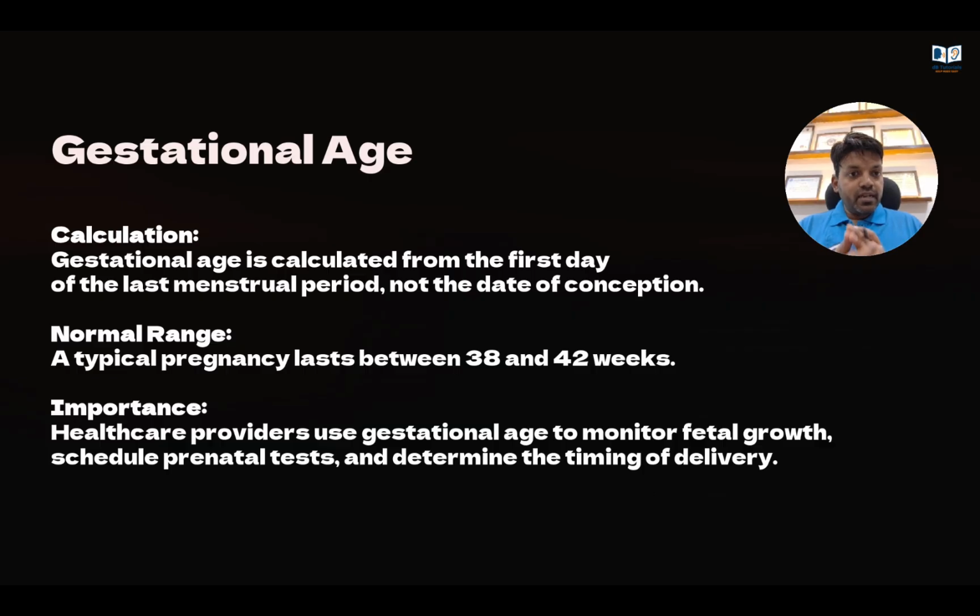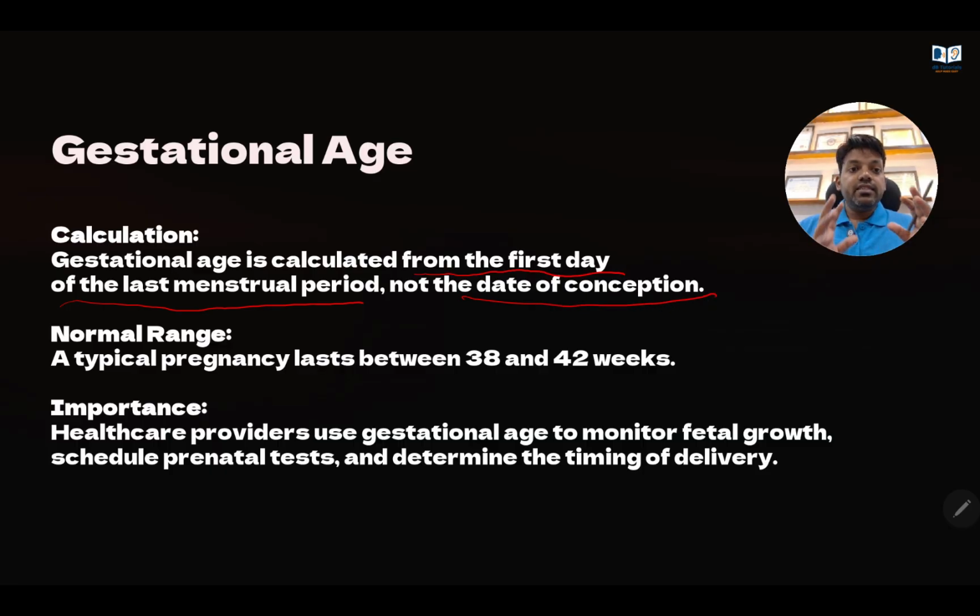Similarly, we also want a fixed reference point for fetal development, for embryonic development, to study all those things. So how is it calculated? It is calculated from the first day of the last menstrual period, and not the date of conception.